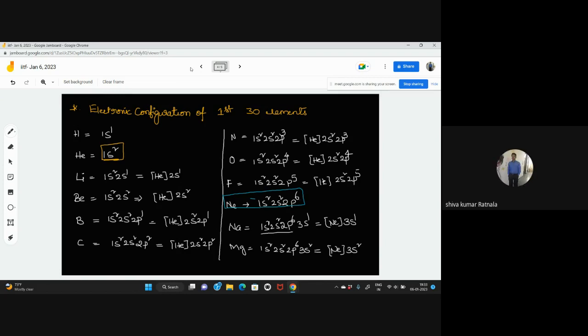Then after magnesium, what are we going to get? Aluminium. So you can write like this, right? Can you continue like this? Yes, sir. Now I'm randomly taking an example.